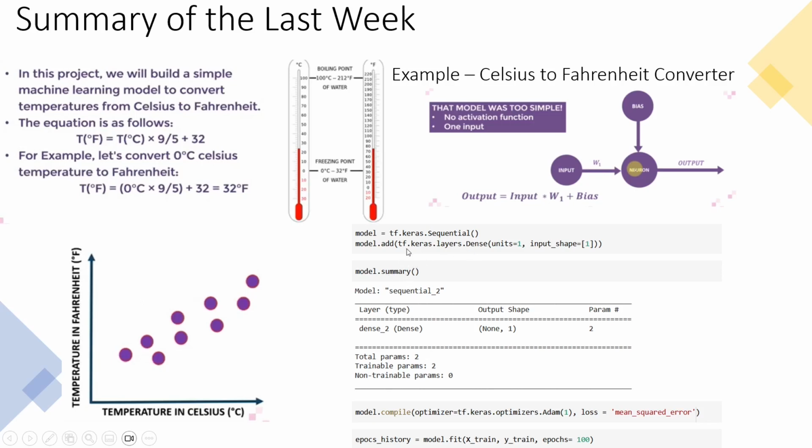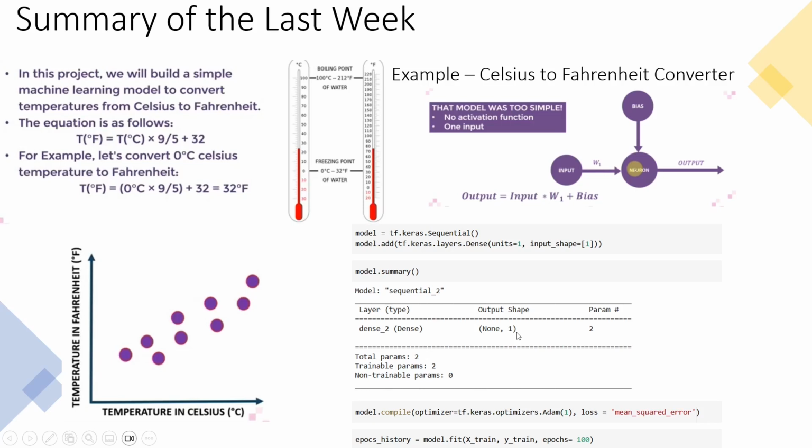And in order to get information about the model, the neural network we created, we were using the summary command from TensorFlow, and it was basically giving the shape of each layer and the number of parameters in that layer. If you look at this very simple neural network, we have one layer, and the output shape is basically 1.